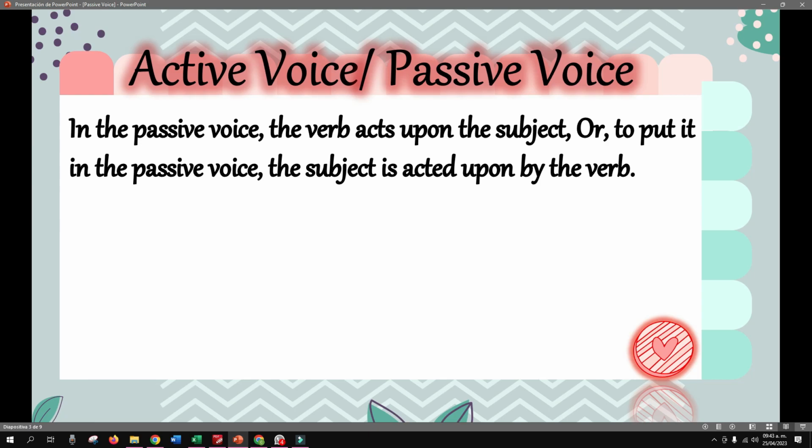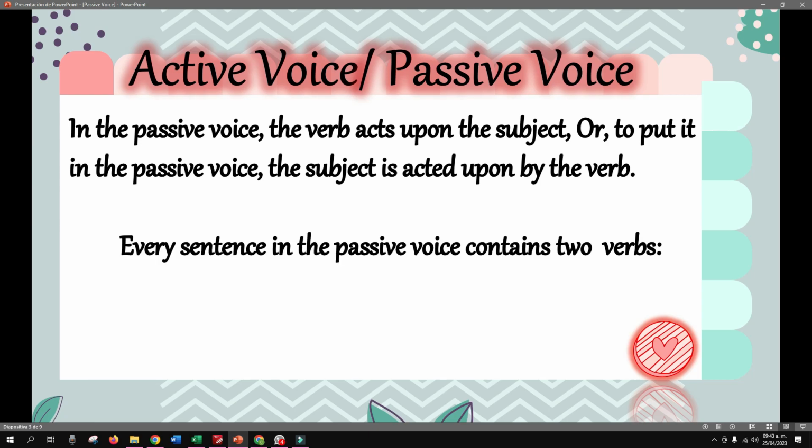In the passive voice, the verb acts upon the subject. Or to put it in the passive voice, the subject is acted upon by the verb, right? So in this case, it's different. Every sentence in the passive voice contains two verbs.